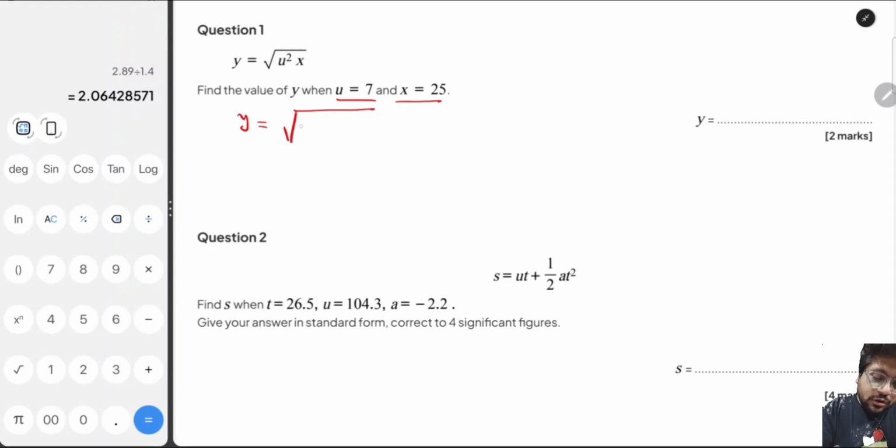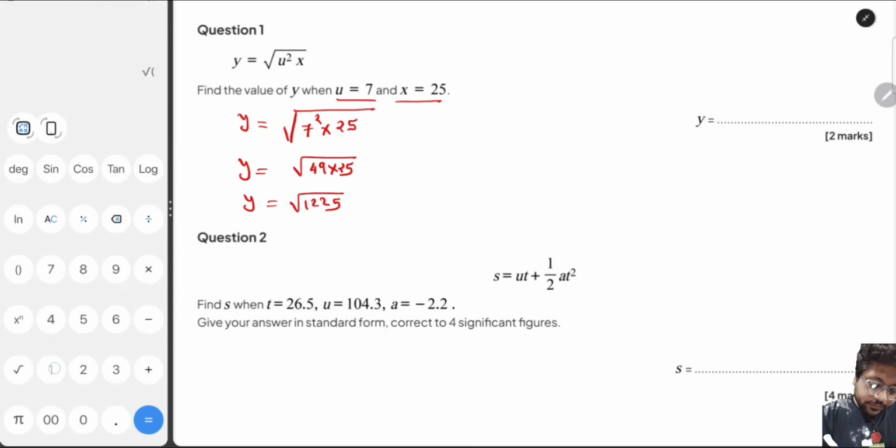So that's square root of 7 square into 25. 7 square is 49, 49 into 25, that's 1225. And now let's find the square root of 1225. That's 35. So your answer y is equal to 35.